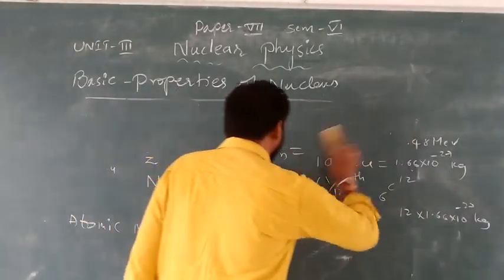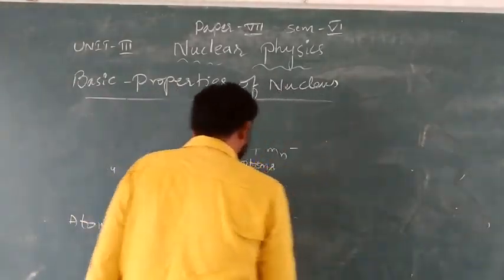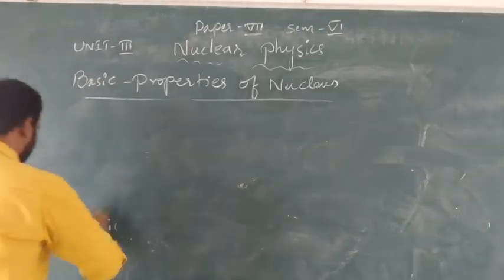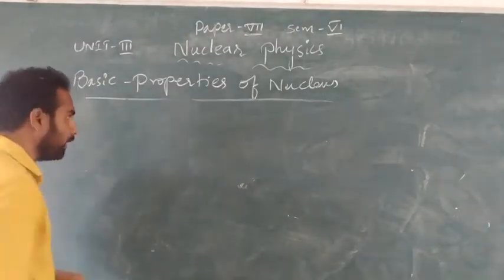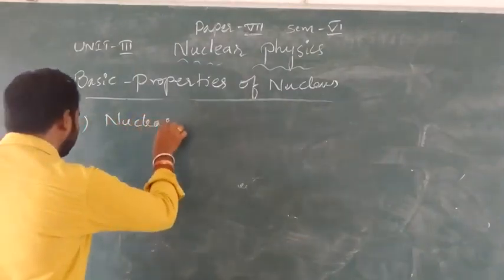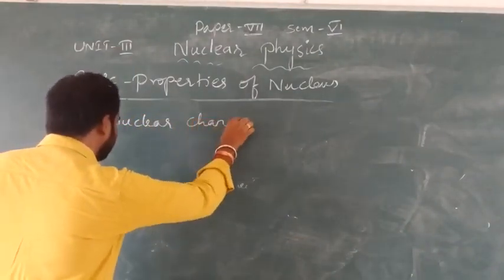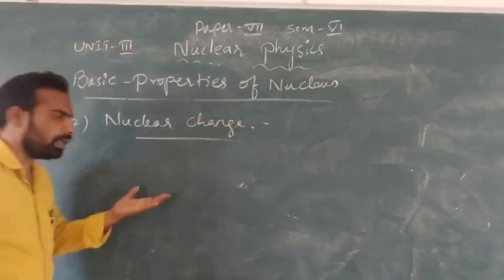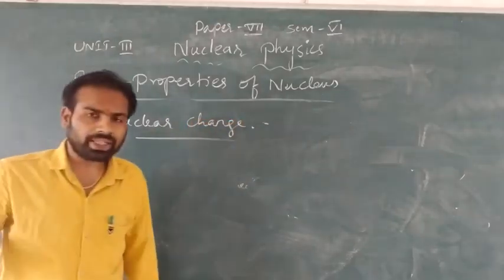Next we have nuclear charge. This is also simple. The second basic property is nuclear charge. What is nuclear charge? It is the charge on the nucleus. What is the charge on the nucleus?